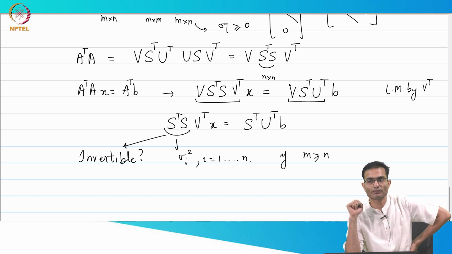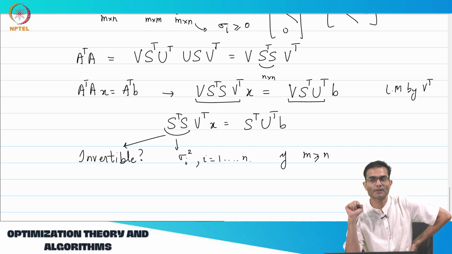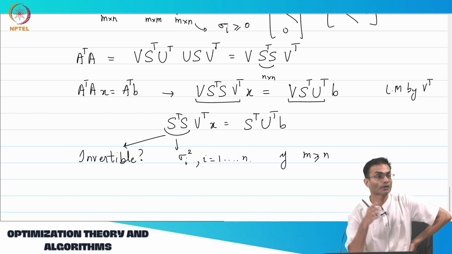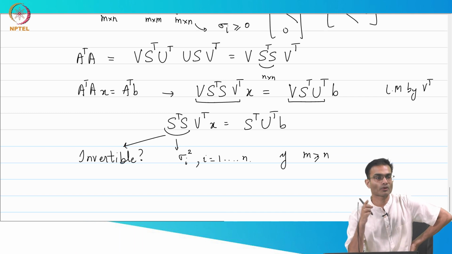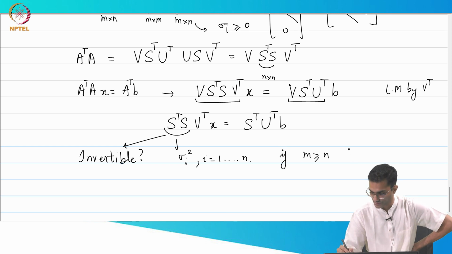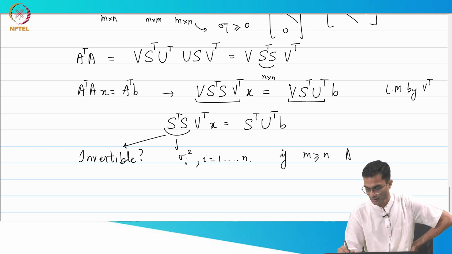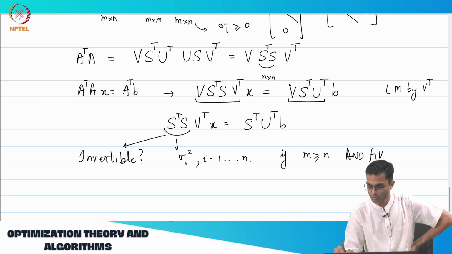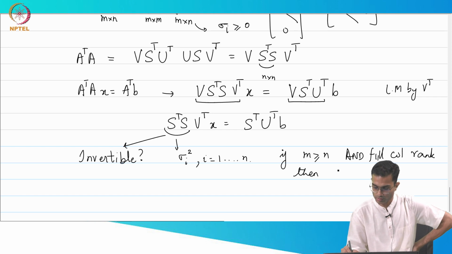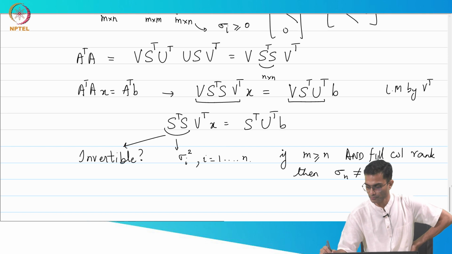If it is full column rank, what does it mean for the singular values? All are non-zero, right up to sigma n. So if this is a tall matrix and full column rank, then sigma n is not equal to 0.